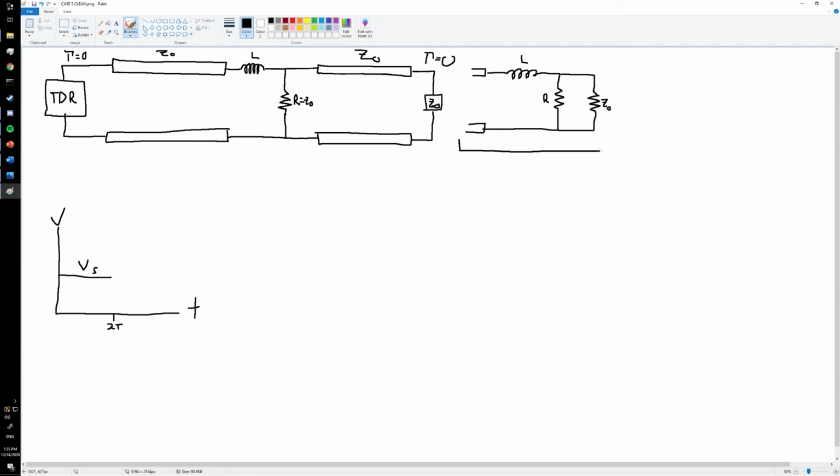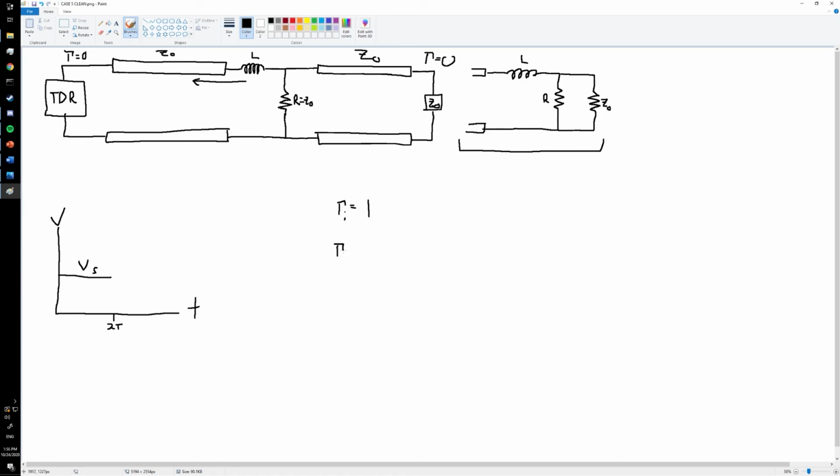The effective circuit that our initial waveform propagating forward sees is this one here, with the inductor leading into both the resistor and the transmission line in parallel. In this case, our initial reflection coefficient is going to be 1 because the inductor is going to act as an open circuit initially, causing the reflection back to be 1.